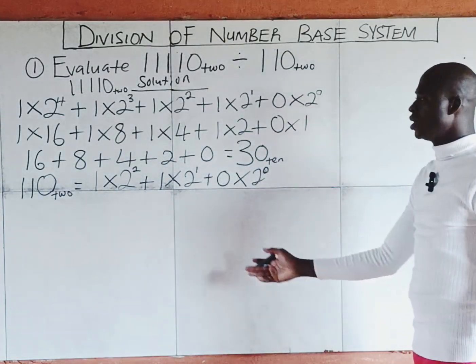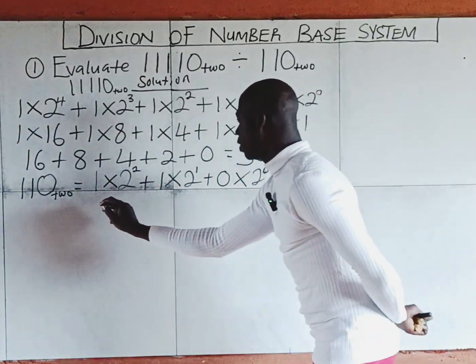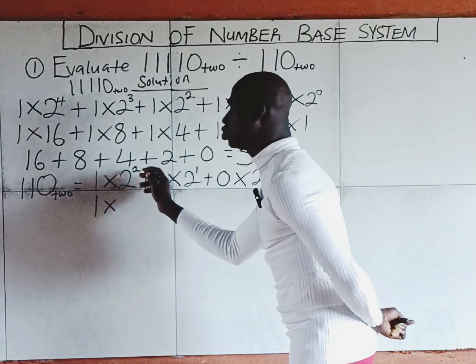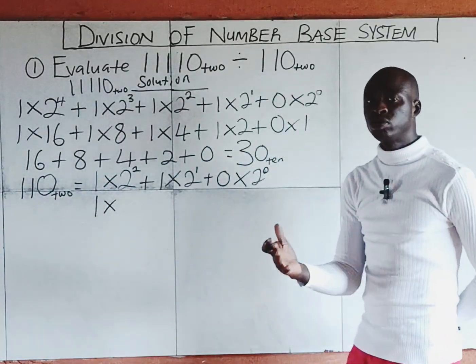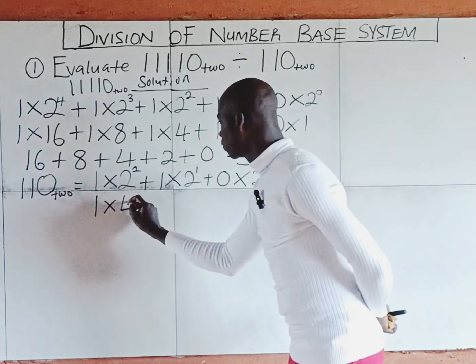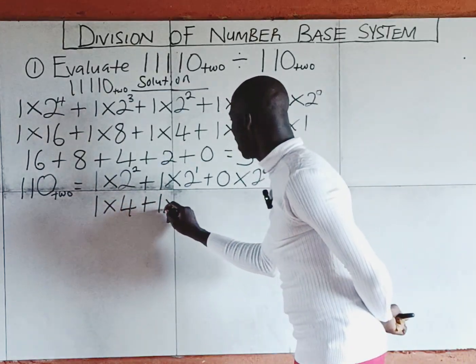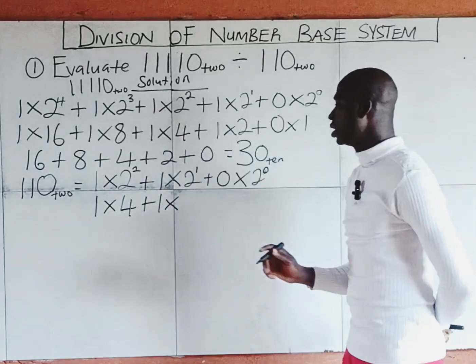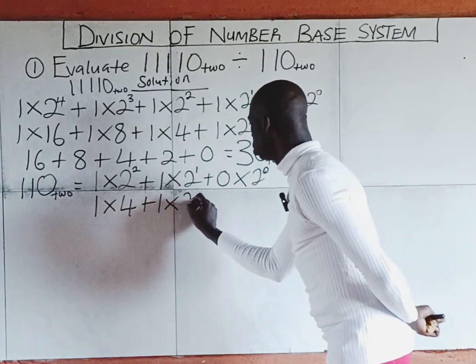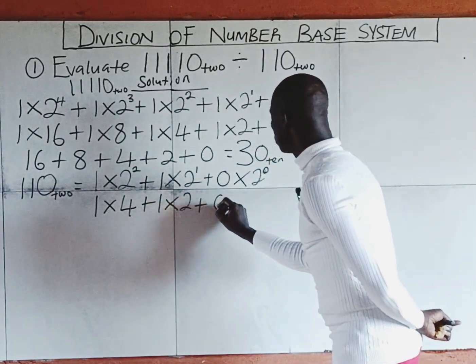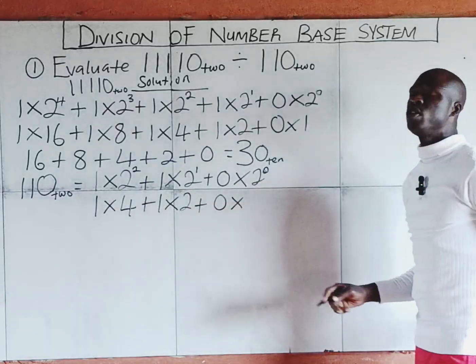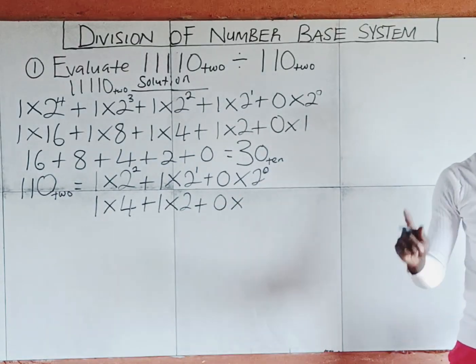Now, at this stage, what you simply do next is simplify further. Here becomes 1 multiplied by 2 raised to the power of 2, which means 2 times 2, so 1 times 4, plus 1 multiplied by 2 raised to the power of 1, which is just 2, plus 0 multiplied by 2 raised to the power of 0. Anything raised to the power of 0 in mathematics is 1.